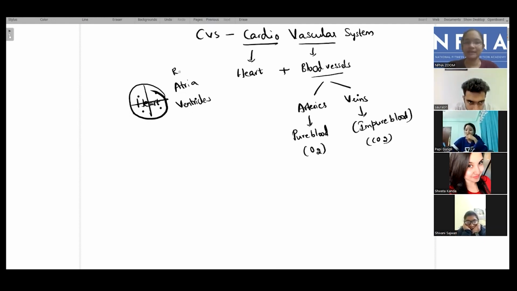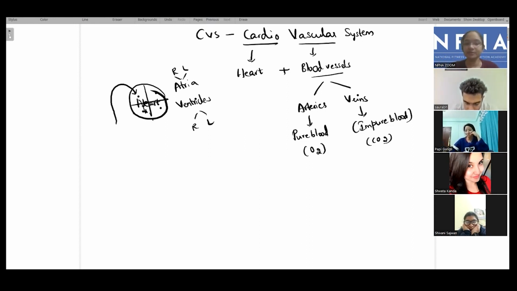Right and left atria, right and left ventricles.